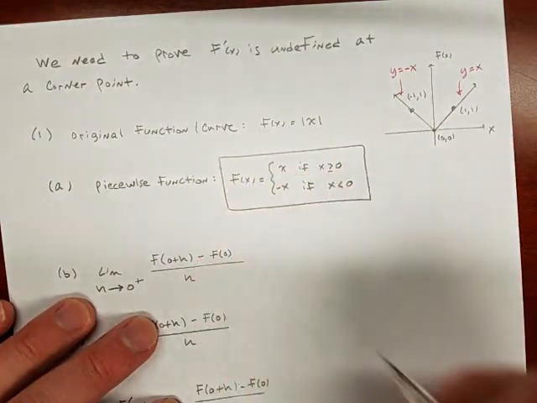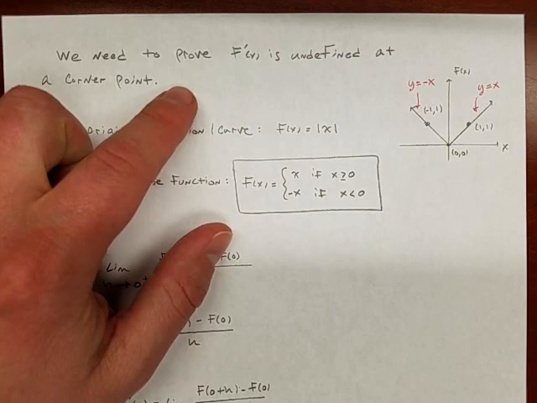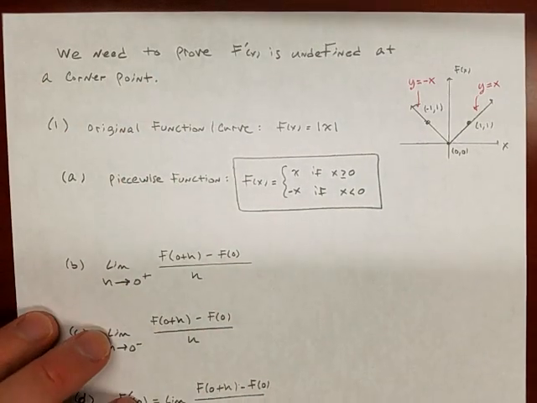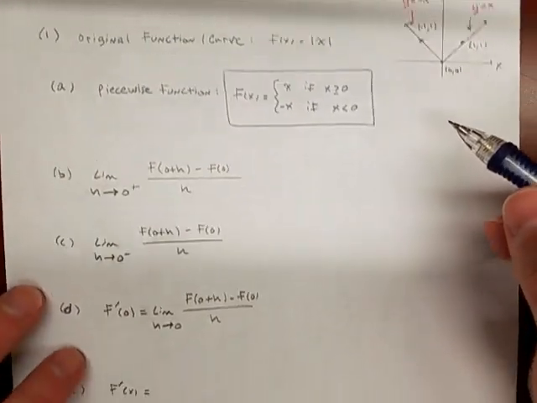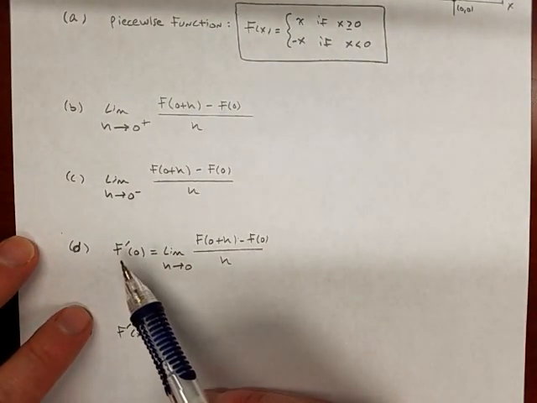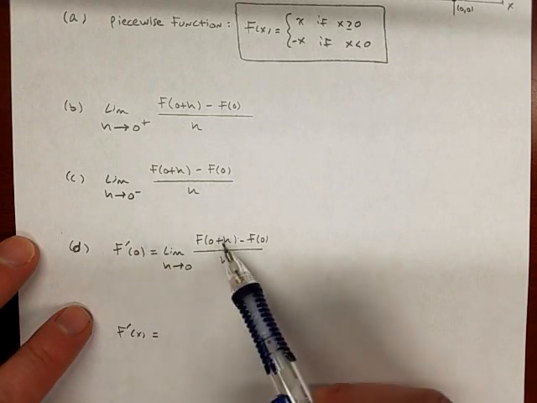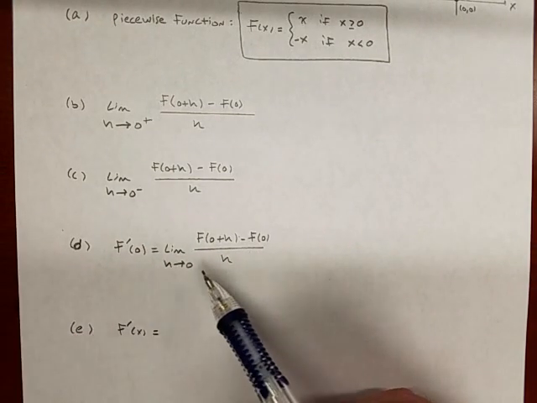All right, now I had told you that this is a proof that the derivative is undefined at the corner. How would you prove that? Well, right there in part D, that's f prime of 0. This should look familiar.